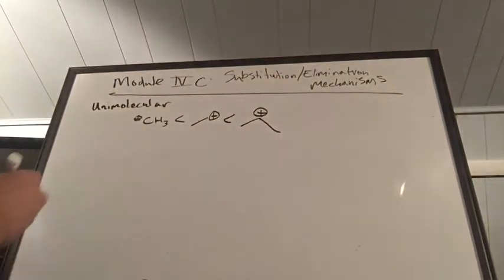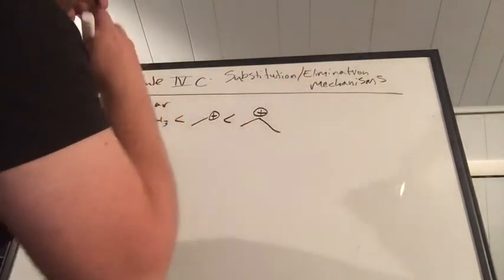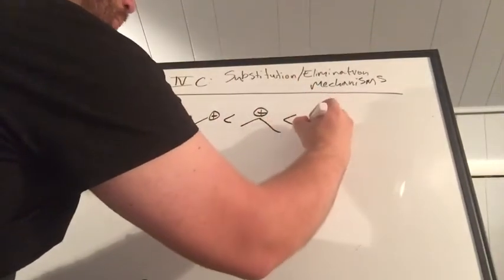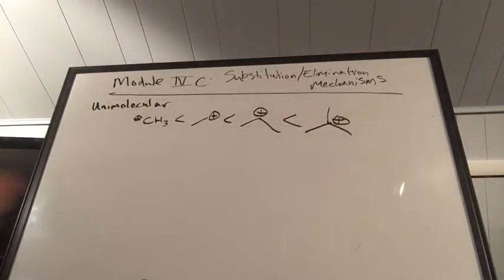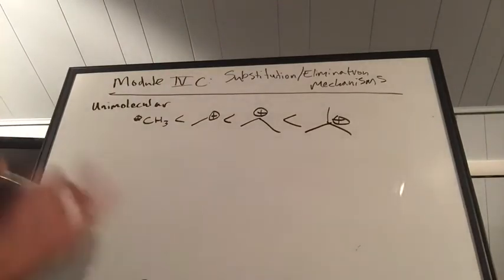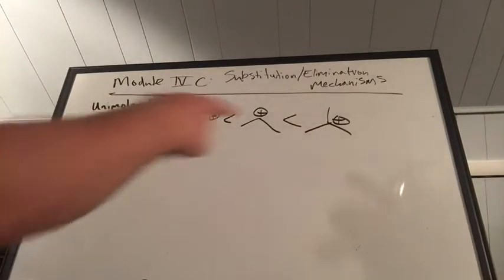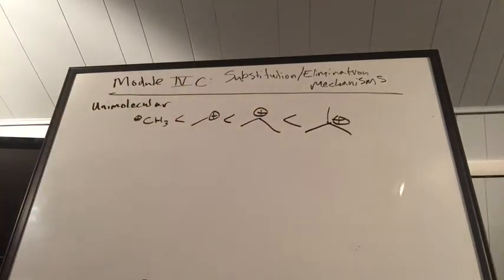So it's secondary here, primary here. And then we have a tertiary carbocation. So this is going to be most stable. So in other words, something that's going to form a tertiary carbocation is most likely going to be a unimolecular mechanism. We'll get into some substrates and where that kind of intermediate will form.